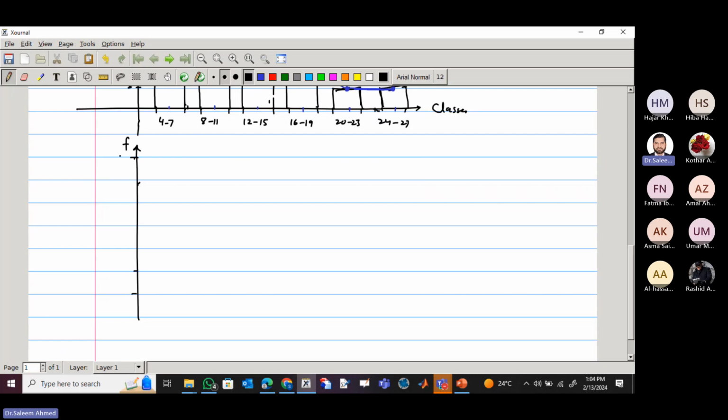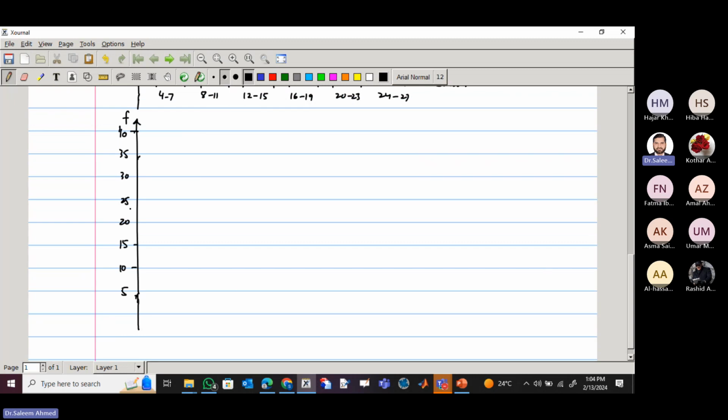So maybe you can make 40 here and 35, 30, 25. We can give 5, 5, 5 differences, right? So now you see here. I can extend it a little bit, 5, 10, 15, 20, 25, 30, 35, and so on.